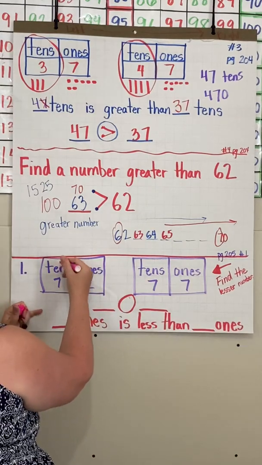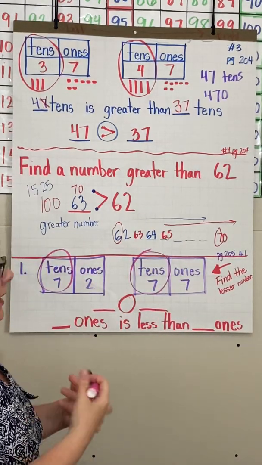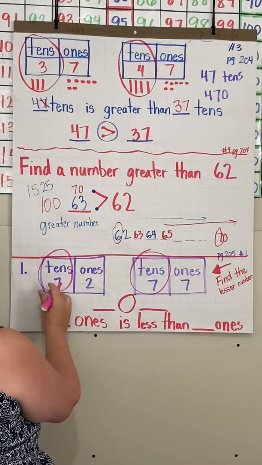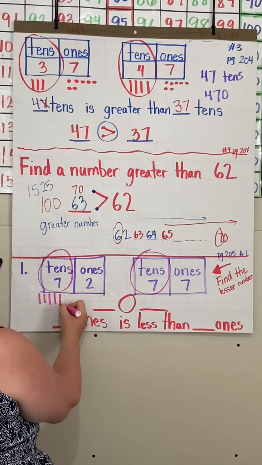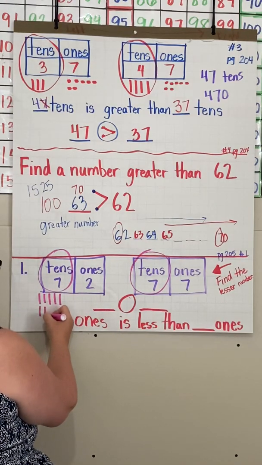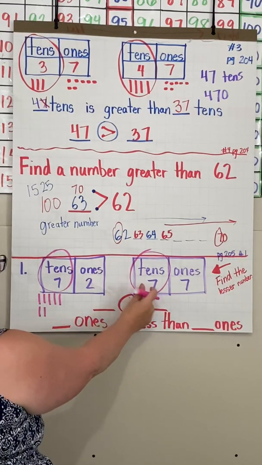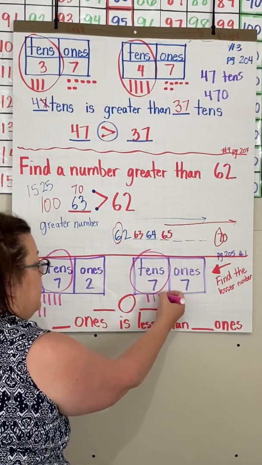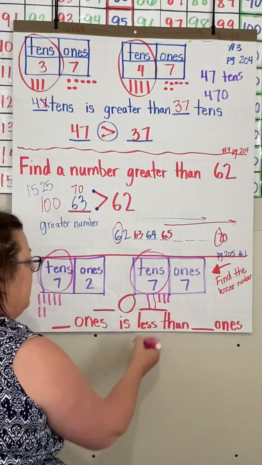I know that I have to look at my tens place first. 1 ten, 2 tens, 3 tens, 4 tens, 5 tens, 6 tens, 7 tens.